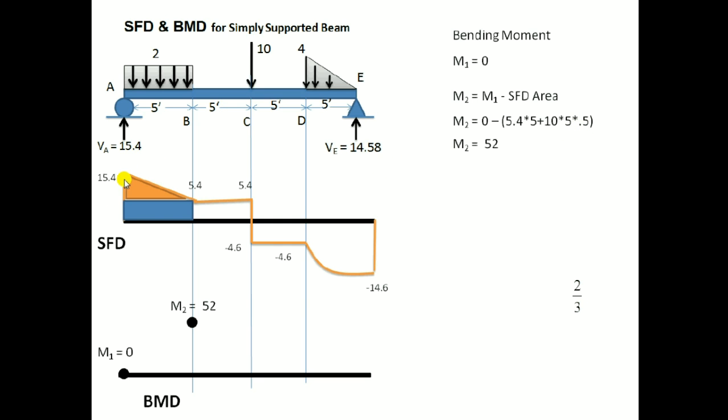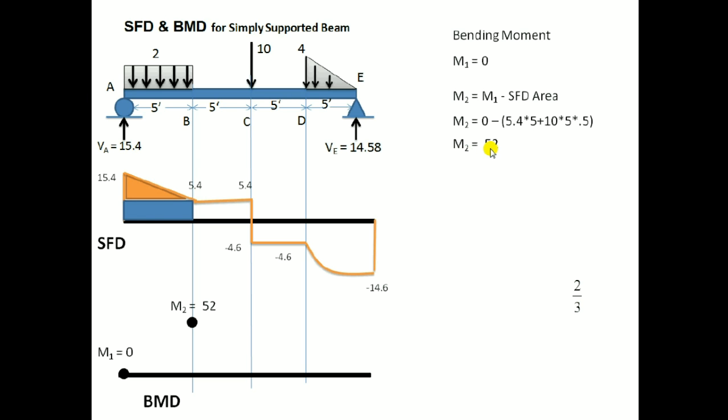This length is 10 because this total length is 15.4 and this length is 5.4. So this orange length is actually 10. So 10 into 5 span into 0.5, we will get the area of this triangle.